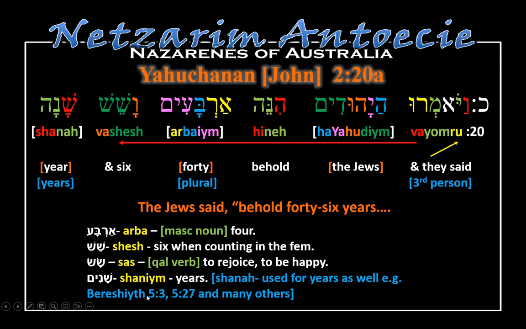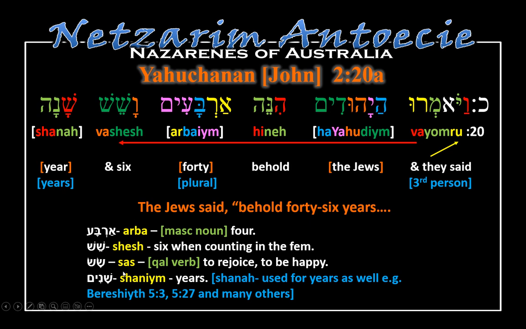If we look down here, we've got shanim, which is years. Shana is used for years as well. And I've quoted where they use the singular form to mean years: Bereshit 5:3, 5:27, and many others there that you'll see. So therefore we can use it as years.